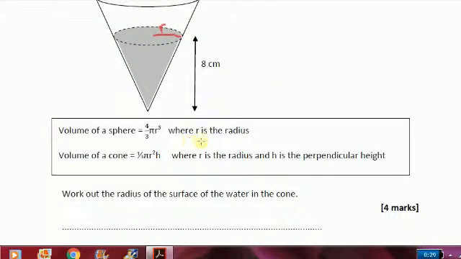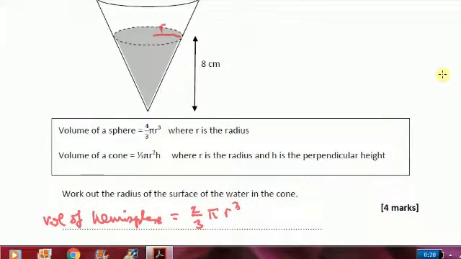Let's go back to the hemisphere. You say that the volume of the hemisphere, well, a hemisphere is 1/2 of a sphere. So we've got the formula for a sphere, so 1/2 of that will be 2/3 pi r cubed. 1/2 of 4/3 is 2/3.